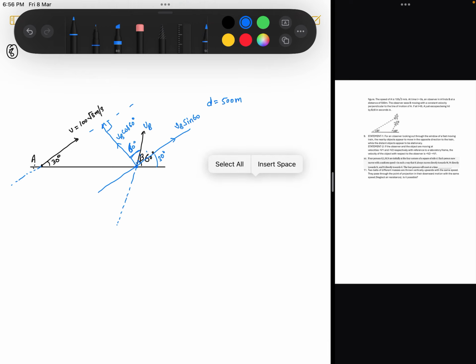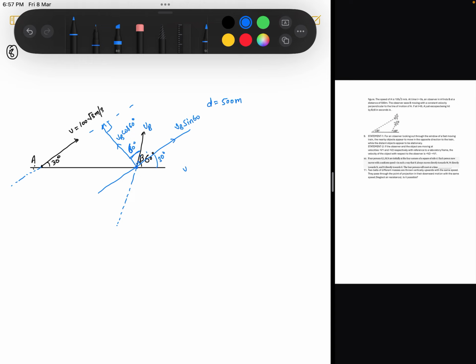In the statement given in the question, it is clearly written that the observer sees B moving with a constant velocity perpendicular to the line of motion of A. So from the observation done from A, B is moving along the line perpendicular to the line of motion of A. That means whatever velocity is parallel to this will be equal.